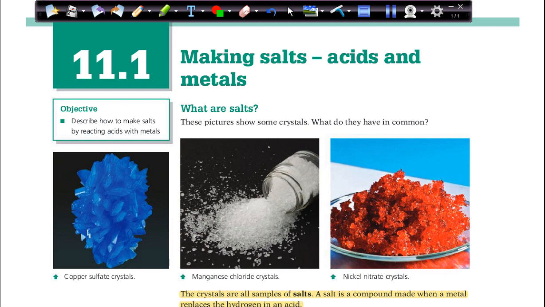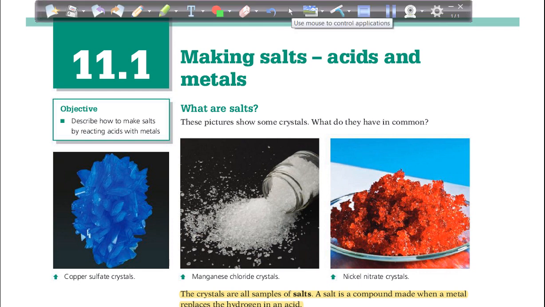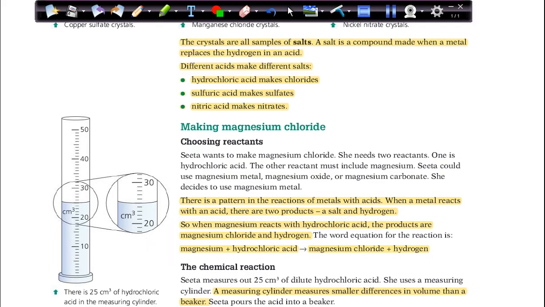Okay? But they have something in common. We have here copper sulfate crystals, manganese chloride crystals, and nickel nitrate crystals. So let's find out what's in common in them. The crystals are all samples of salts.